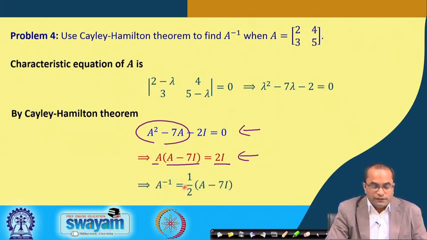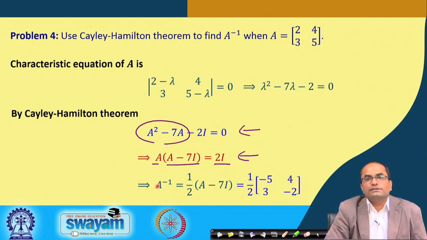So, here we multiply then by A inverse, and what we will get on the right hand side will be A inverse, and this 2 we can divide here. So, we will get 1 by 2 into A minus 7 I, that should be the A inverse. So, very easily we got this A inverse here. We need to do just a simple calculation to get this A inverse, A minus 7 times I. So, that is the value of this A inverse using the Cayley-Hamilton theorem.